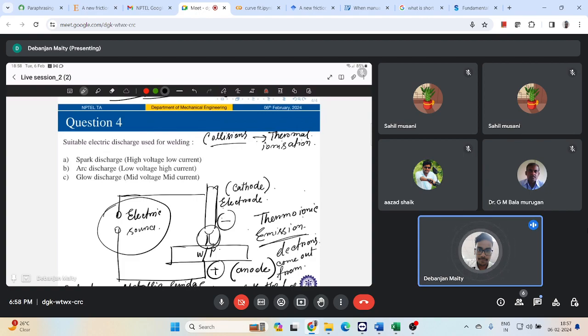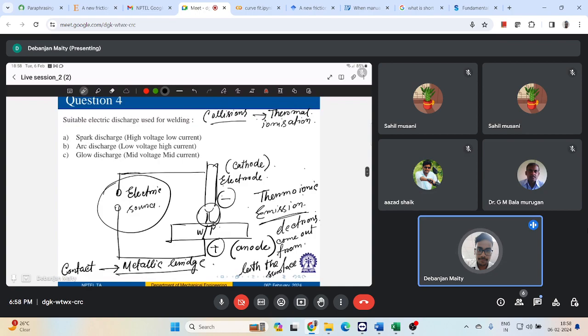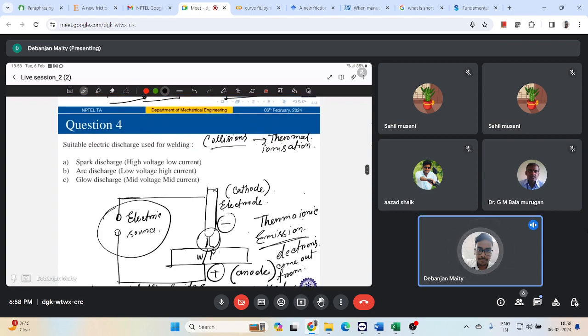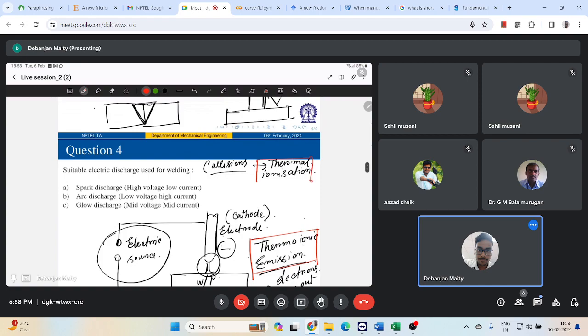Those ions are then attracted towards the cathode, and the free electrons move towards each other. So two things are important here: the process of thermionic emission, and thermal ionization. There are different kinds of arc structures and characteristics, which maybe we'll cover in a later part.